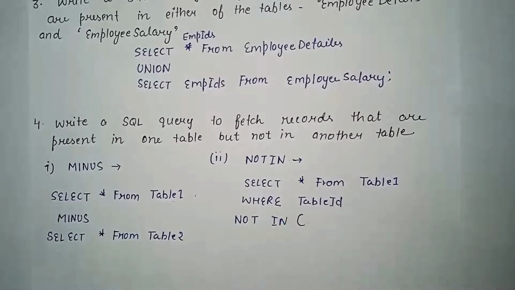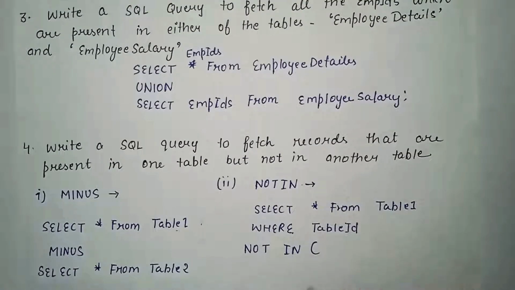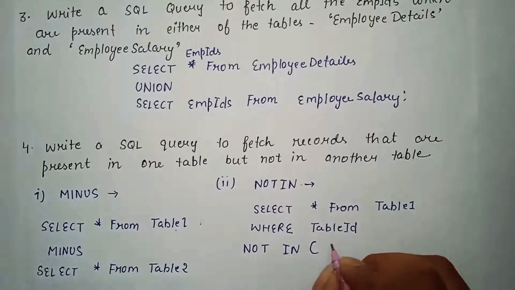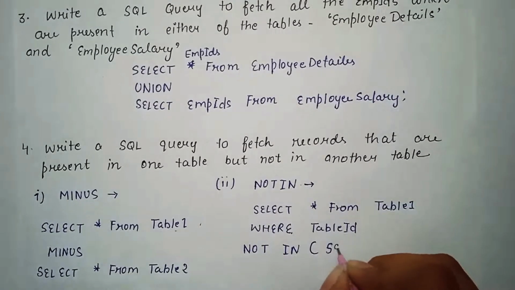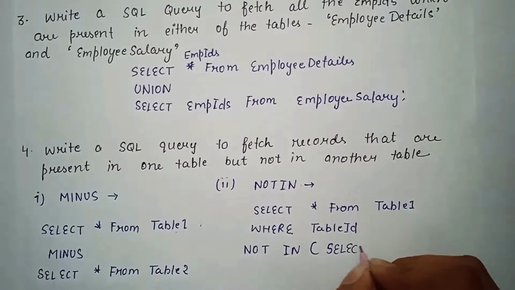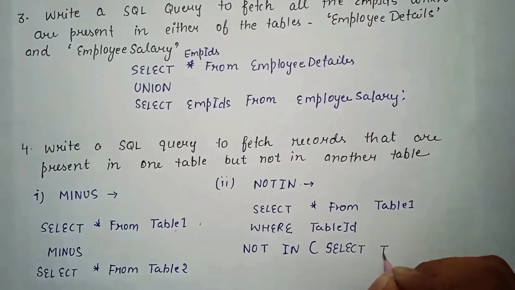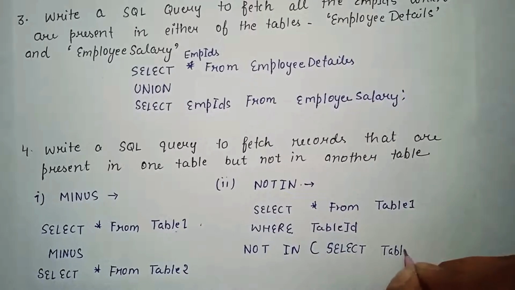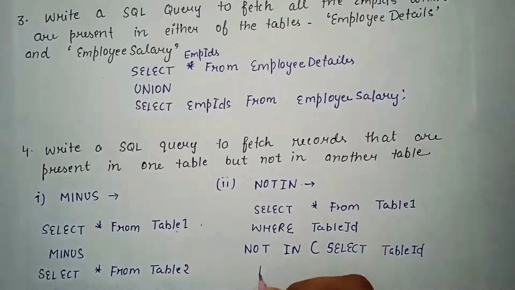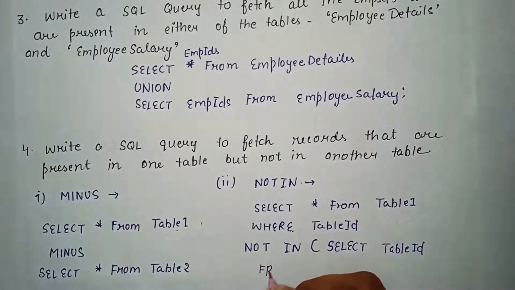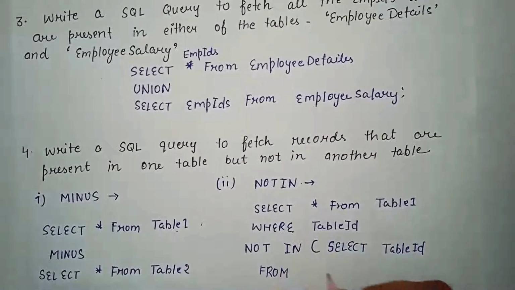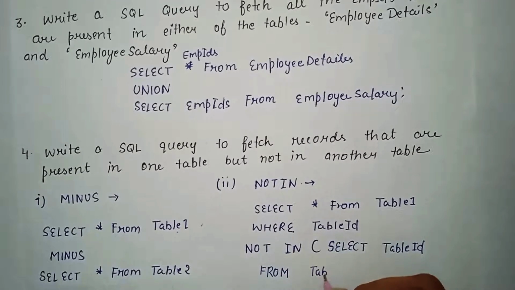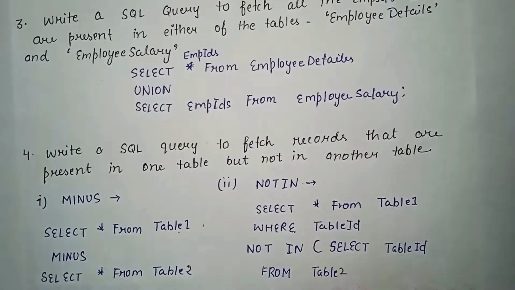Okay, so here a subquery will be used that will fetch out all the table IDs from the second table. So here we will write like this: select table ID from, let's say the name of the second table is table 2.